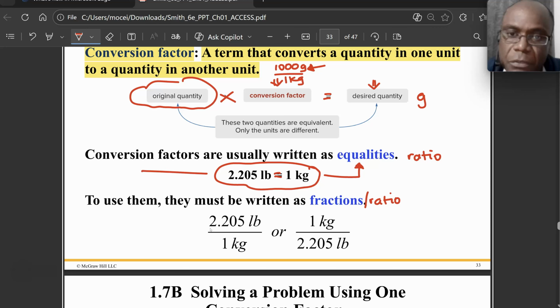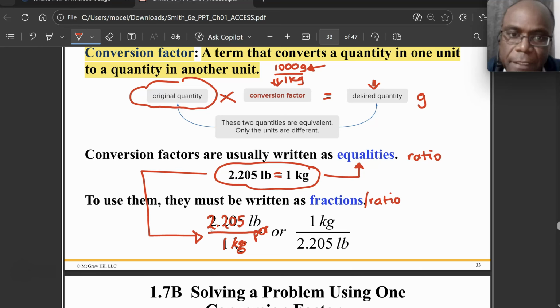So if we use this representation, we can say if 2.205 lb is 1 kg, we can write it as 2.205 lb divided by 1 kg. This division sign is just saying per.